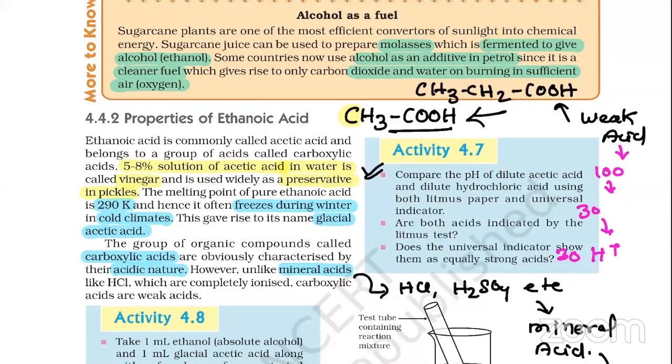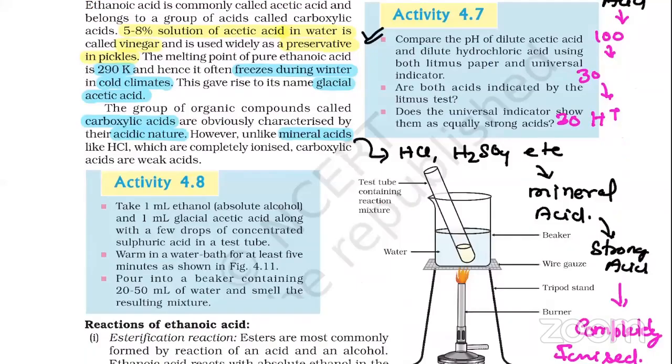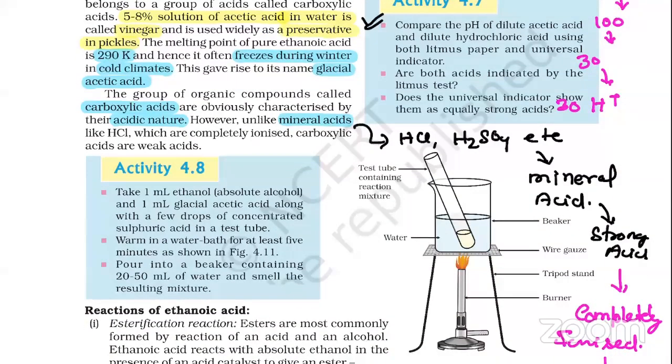Understood? So unlike mineral acids like HCl, which are completely ionized, carboxylic acids are weak acids because they are not ionized completely.